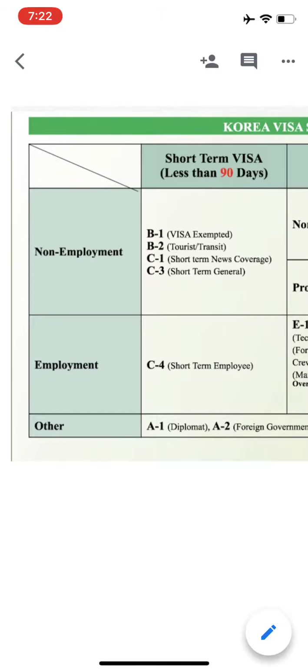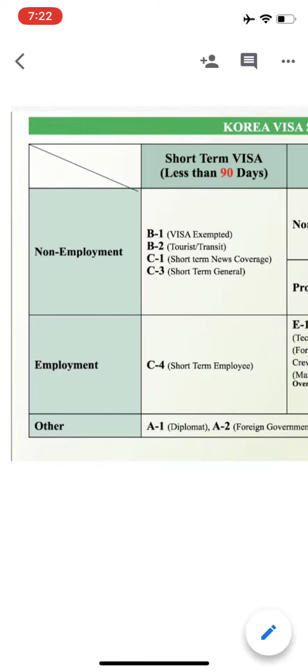But the only one among these very short-term visas with which they can work for less than 90 days is C4. C4 is a short-term working visa within 90 days.